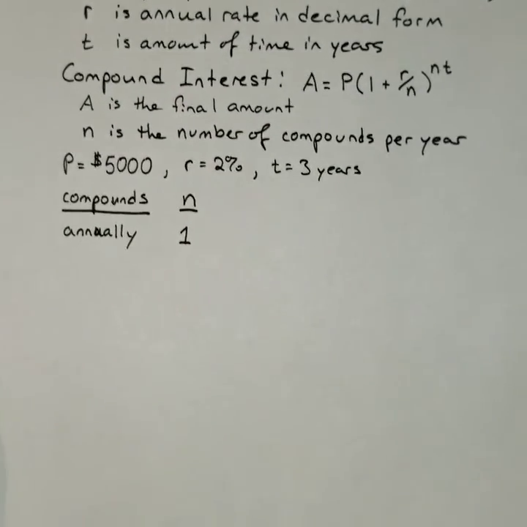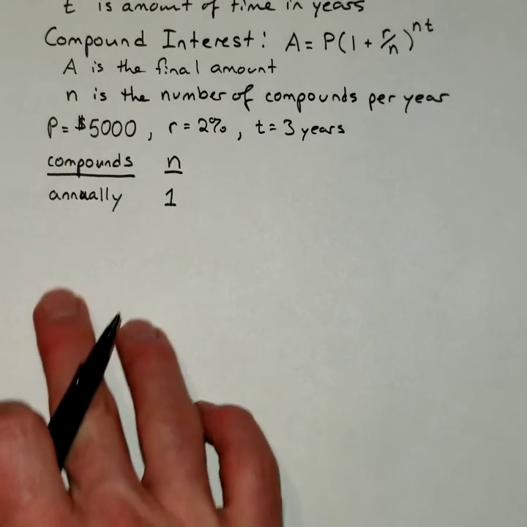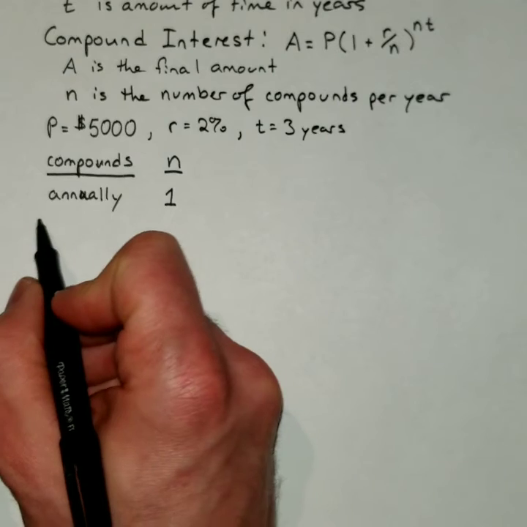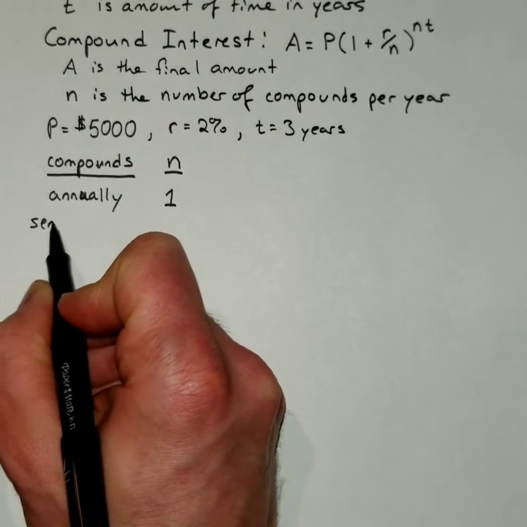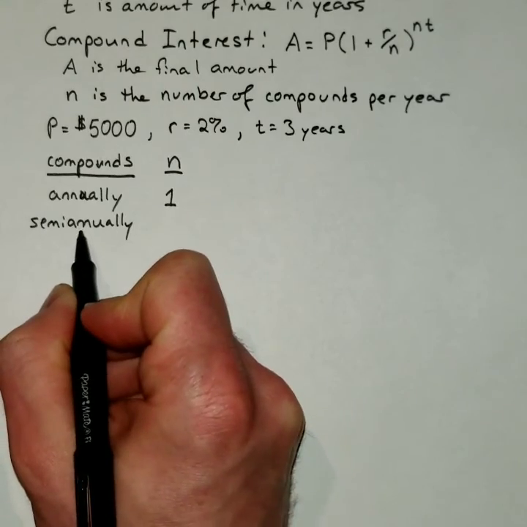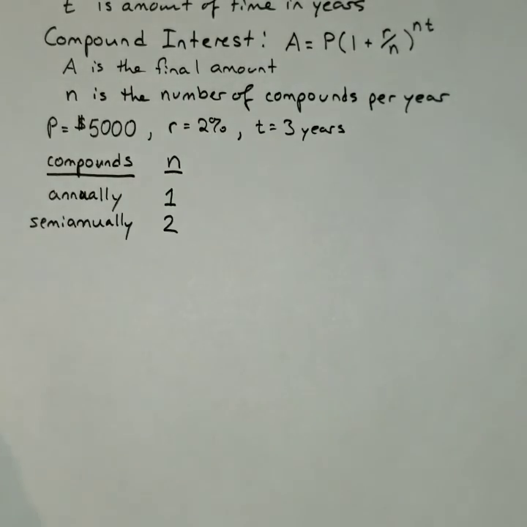Now I'm going to fill in a table here with different types of compounding. And so if we were to compound semi-annually, that would be twice a year, right? Once every half year is semi-annually.